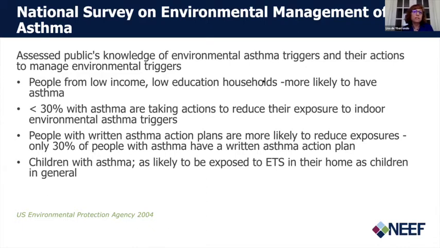Less than 30% with asthma are taking actions to reduce their exposures to indoor environmental asthma triggers. People with a written asthma action plan are more likely to reduce these exposures. However, only 30% of people with asthma have a written asthma action plan.